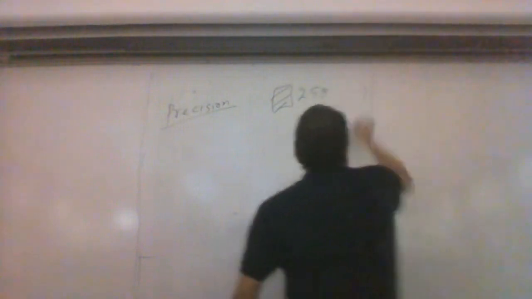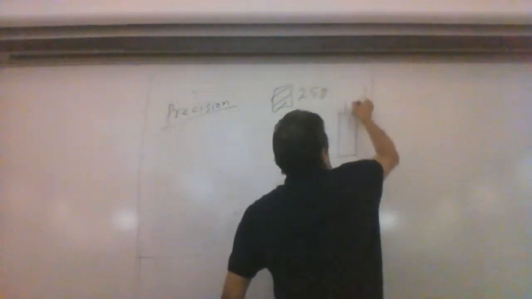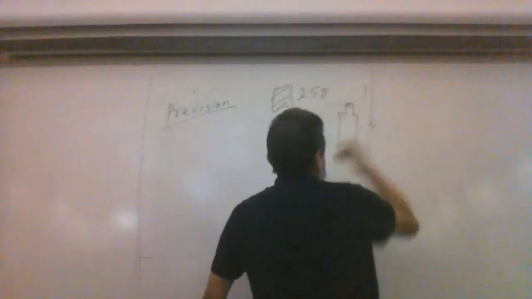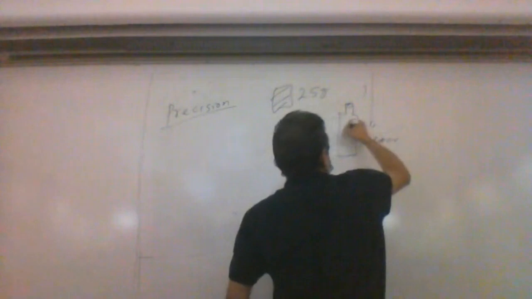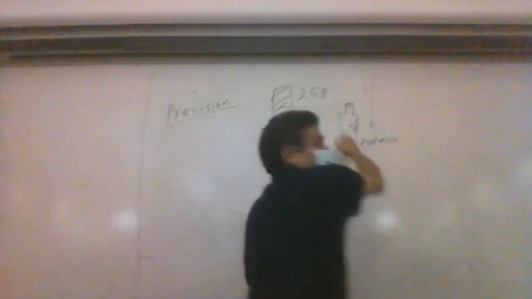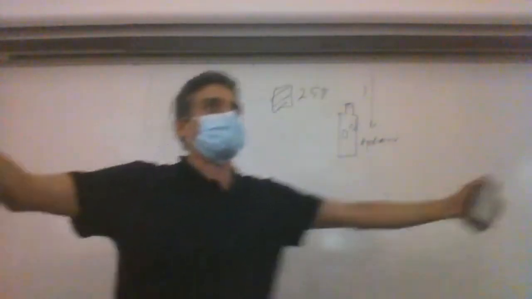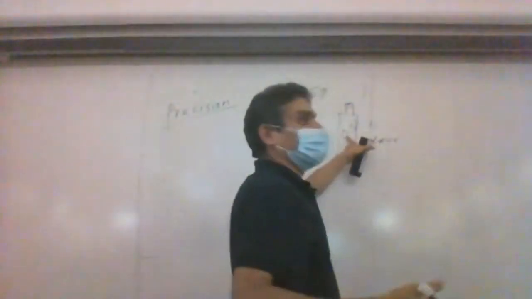Let's say you have a bottle here that has a chemical, let's say hydrocortisone cream. So there is 0.5%. They know this because they are a big company and have very experienced people working. So they really know how much hydrocortisone is inside here.